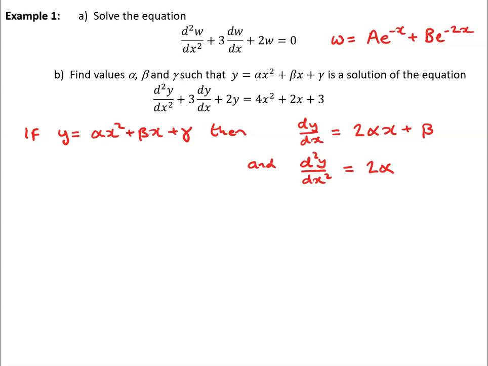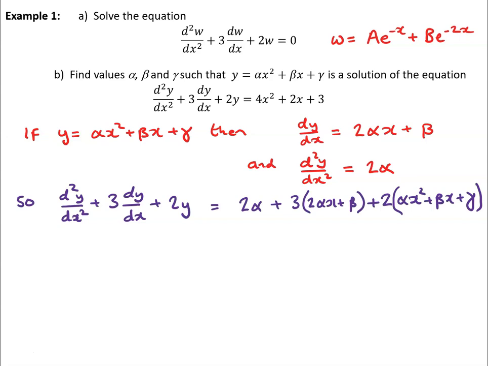So d2y/dx squared plus 3 dy/dx plus 2y is going to equal 2 alpha plus 3 lots of 2 alpha x plus beta plus 2 lots of alpha x squared plus beta x plus gamma.